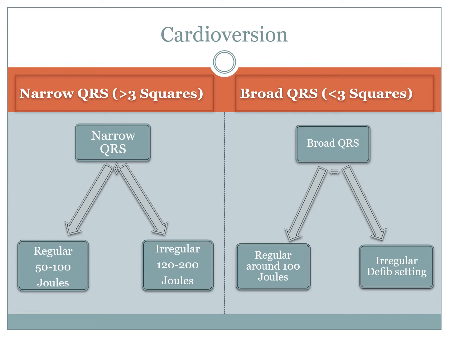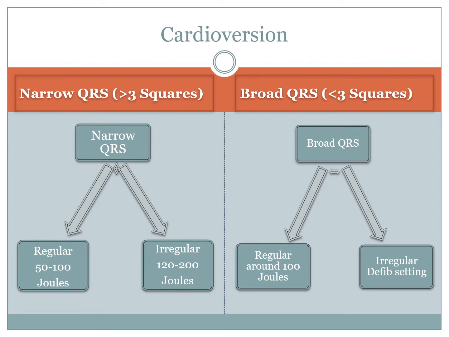Now, the numbers that I give you are generalized numbers that are adopted by most areas. You work in different areas, it can change, but these are just considerations. So if you have a narrow QRS complex that is regular, then you can give 50 to 100 joules. If you have a narrow irregular, then it's 120 to 200 joules.